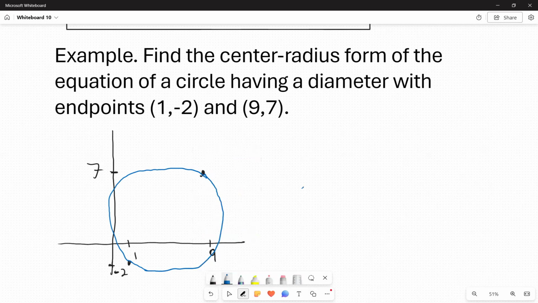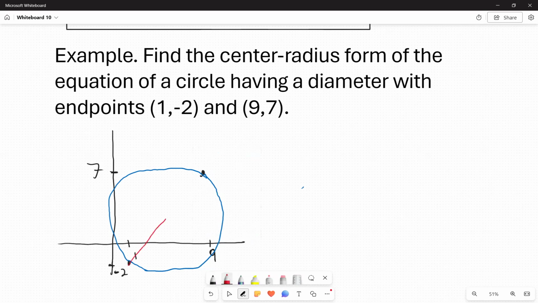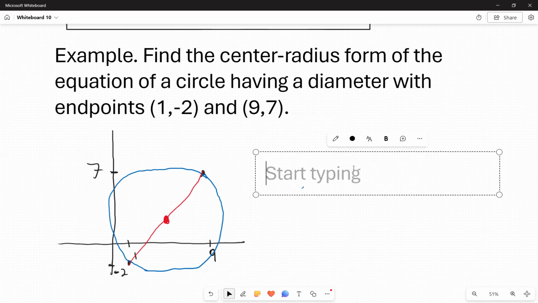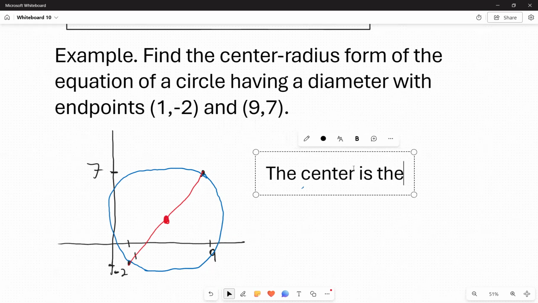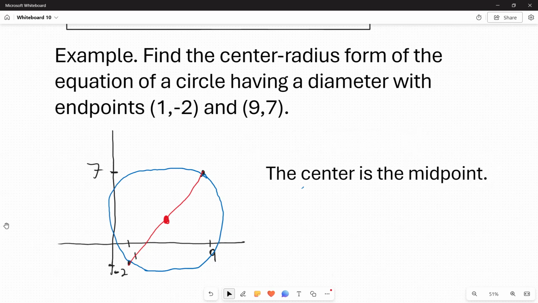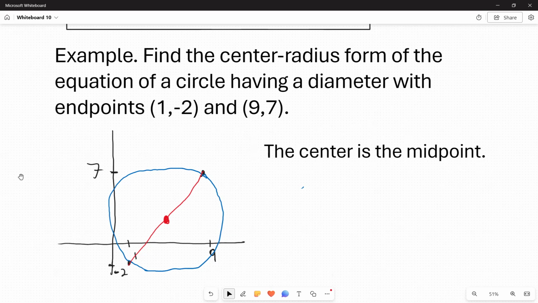But if these two are the endpoints of a diameter, the center is going to be the midpoint. So the center is the midpoint. And the radius is half a diameter.